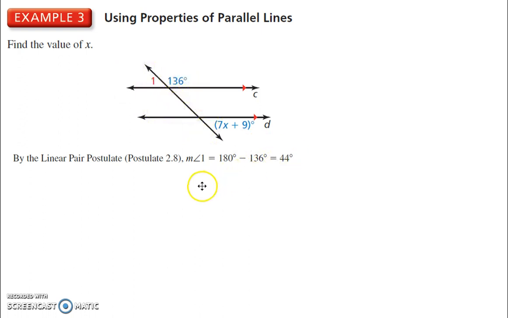Subtract from 180 and we get 44. Angle 1 is congruent, which means their measure is the same. So the measure of angle 1 is equal to 7x plus 9, which means 44 degrees is 7x plus 9. Subtract 9, divide by 7. Boom, we found x.